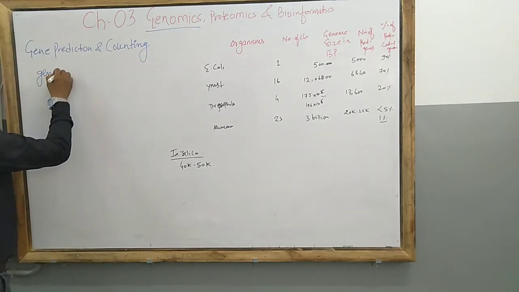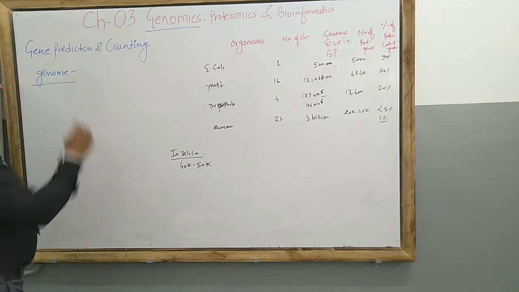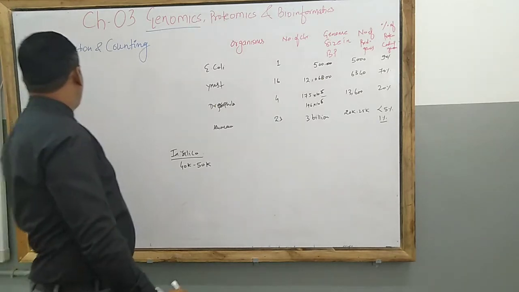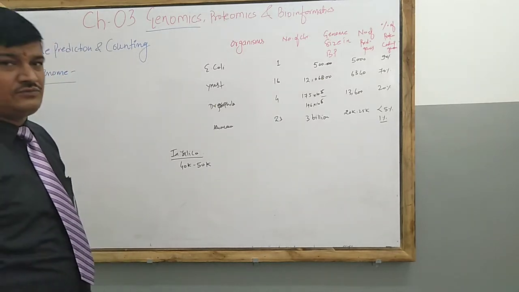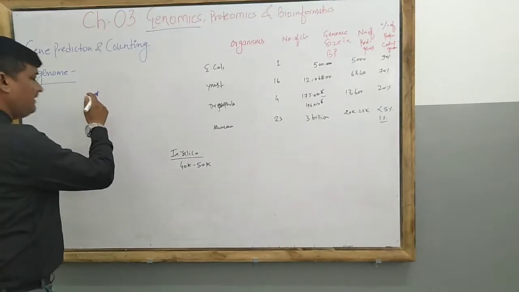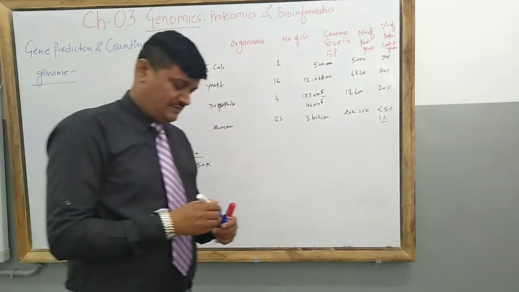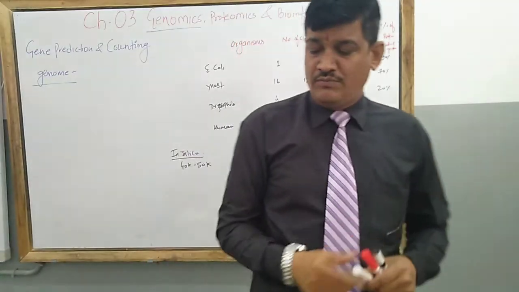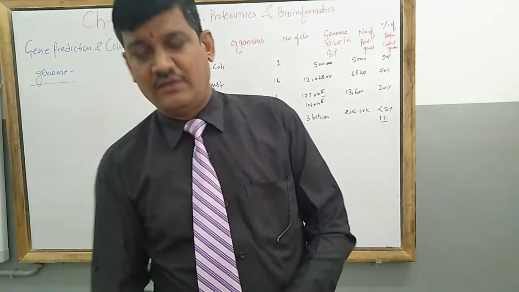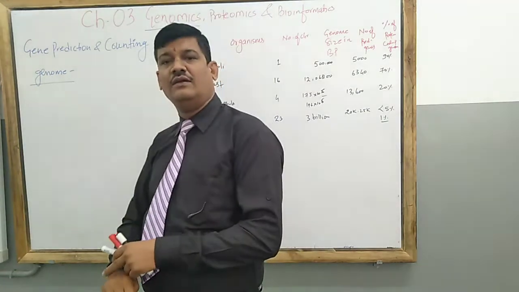Genome is what? The total number of chromosomes present in an individual is known as the genome, and genomics is the study of the presence of the genome, or the chromosome number of an individual in its body cell.